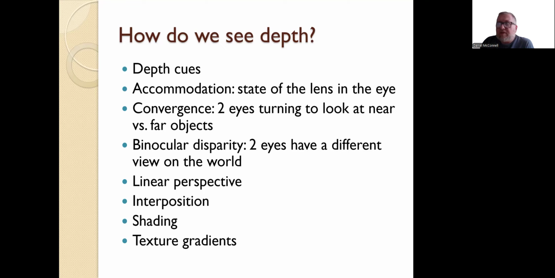And then we have retinal-based depth cues. These are based on specific visual patterns that occur on the retina itself. That would be binocular disparity, but also what are known as the pictorial depth cues. By pictorial depth cues, and I have those listed down here as linear perspective, interposition, shading, and texture gradients.